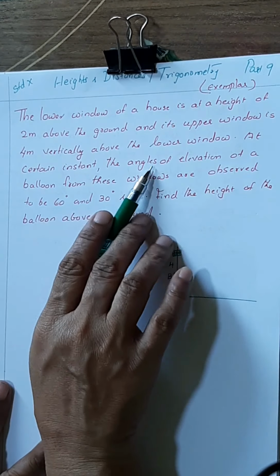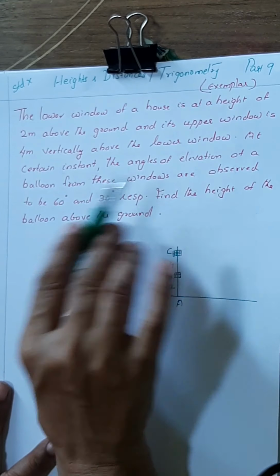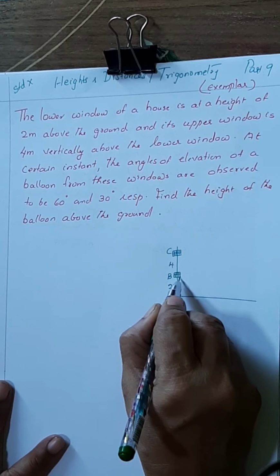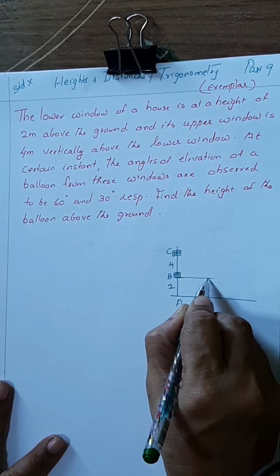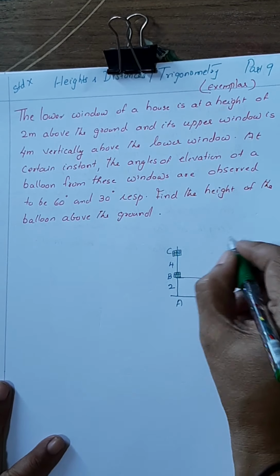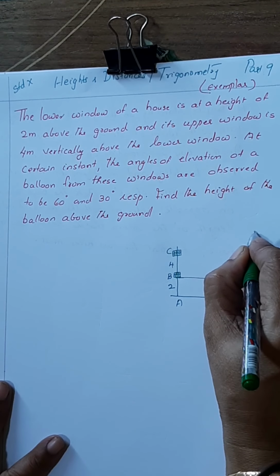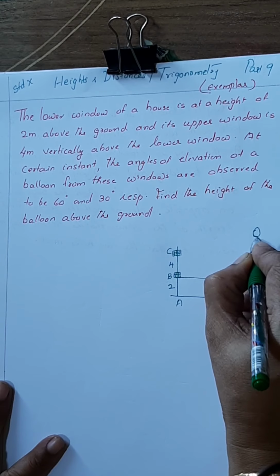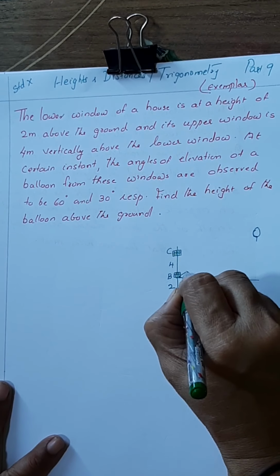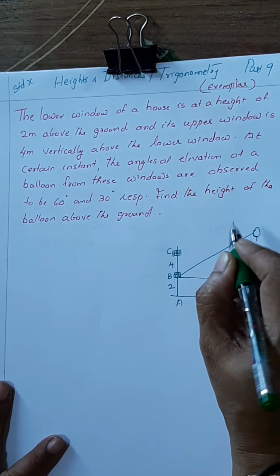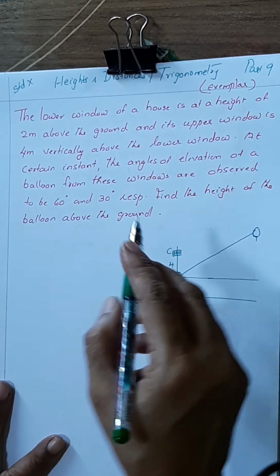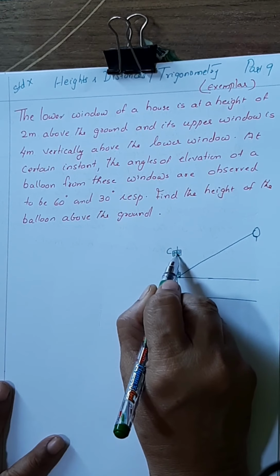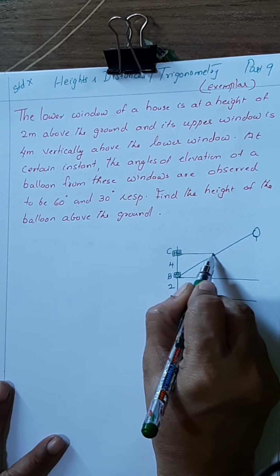At a certain instant, the angle of elevation of a balloon from these windows are observed to be 60 degrees and 30 degrees. So from here, draw a parallel line. So the balloon is here, this is 60 degrees. So from here, again we will draw one parallel line.